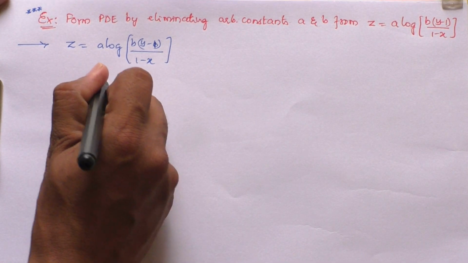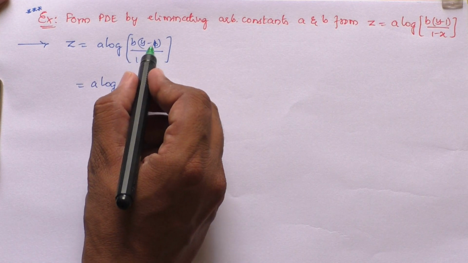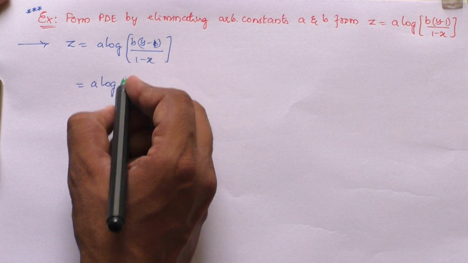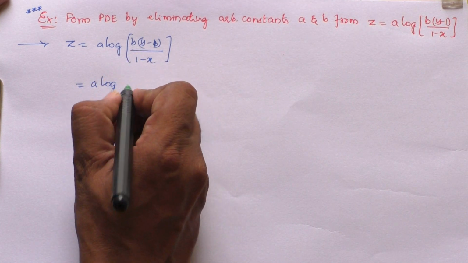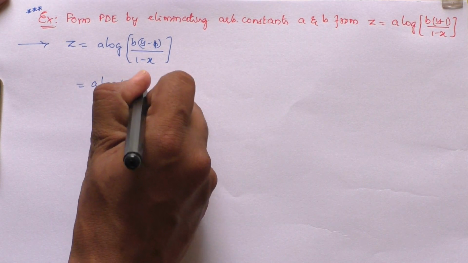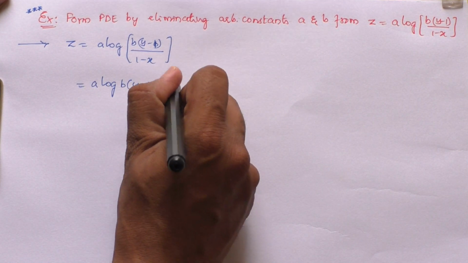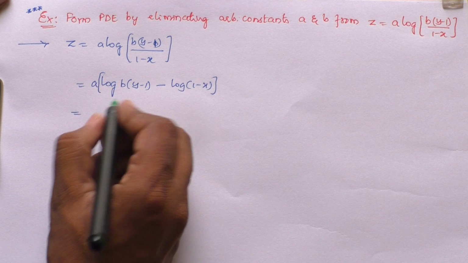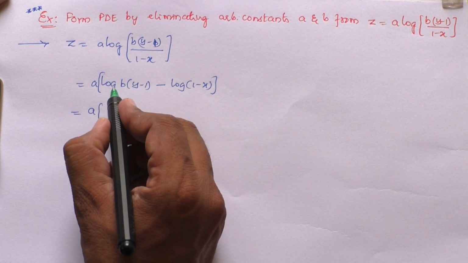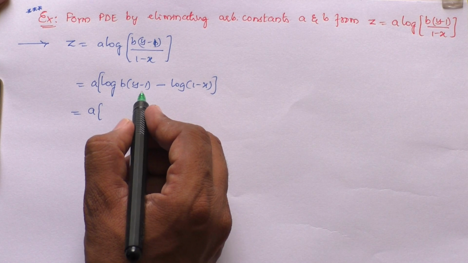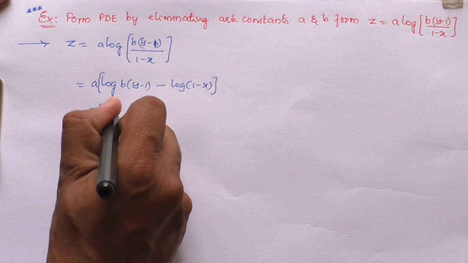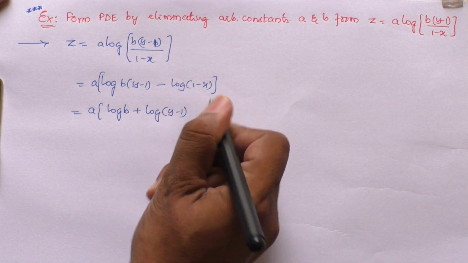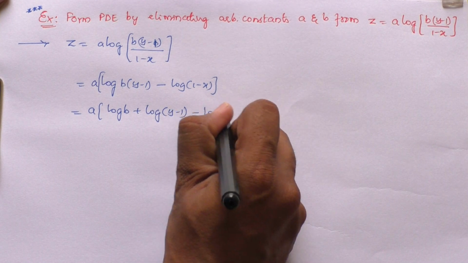So now, numerator and denominator: log of m divided by n, we know log of m by n is log m minus log n. So log of b into (y minus 1) minus log of (1 minus x). So this is what we got. So now a into bracket, log of b into (y minus 1), log m into n form, which can be written as log b plus log of (y minus 1) minus log of (1 minus x).